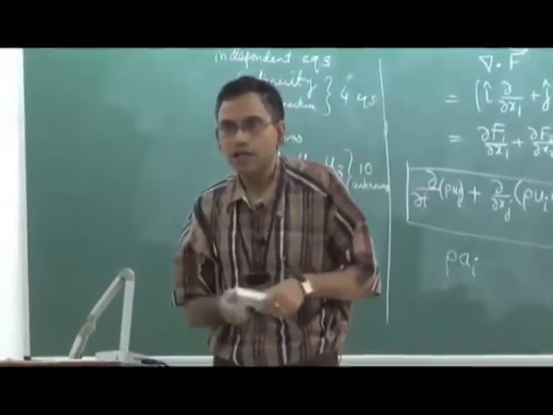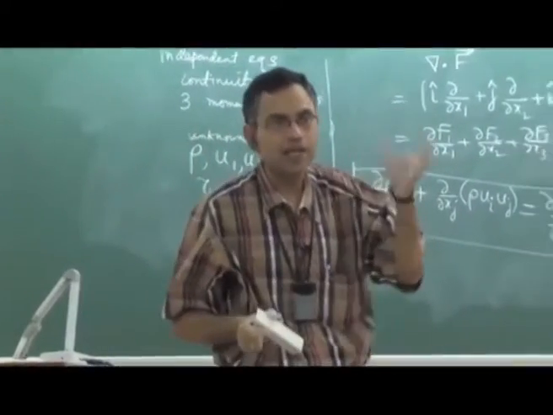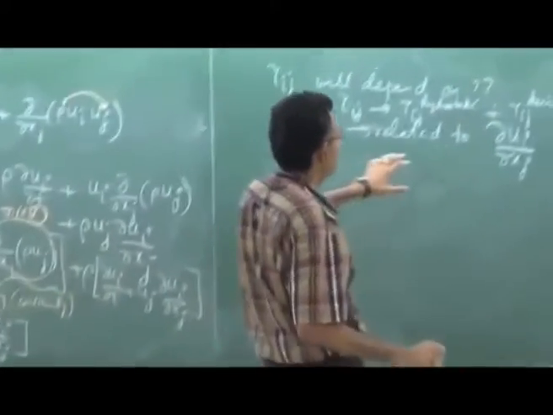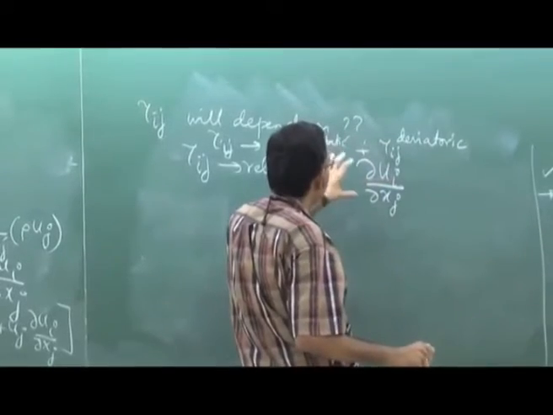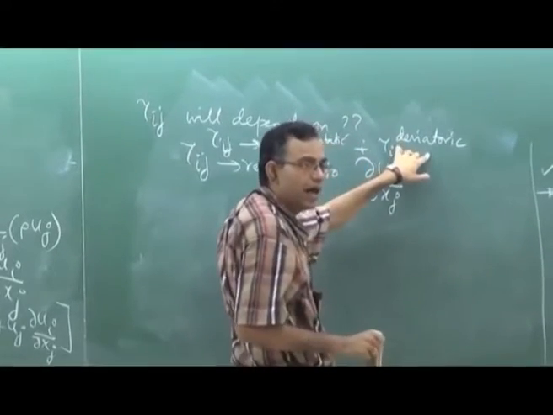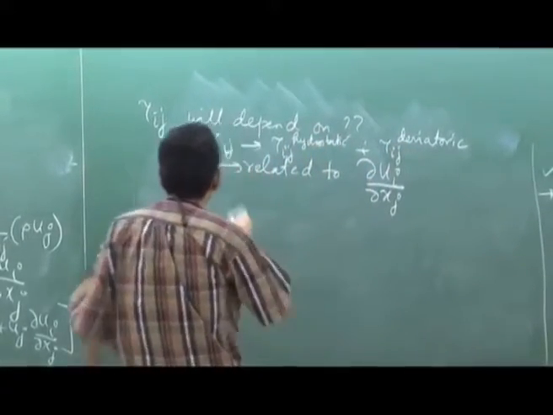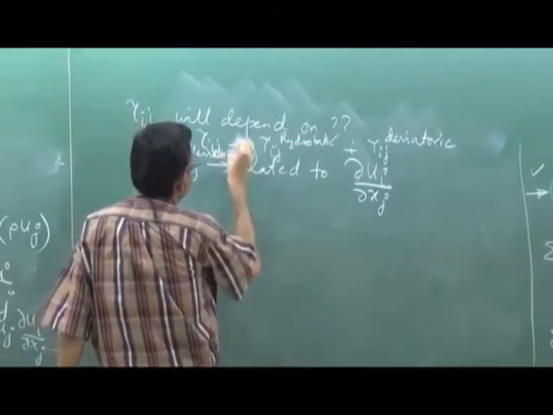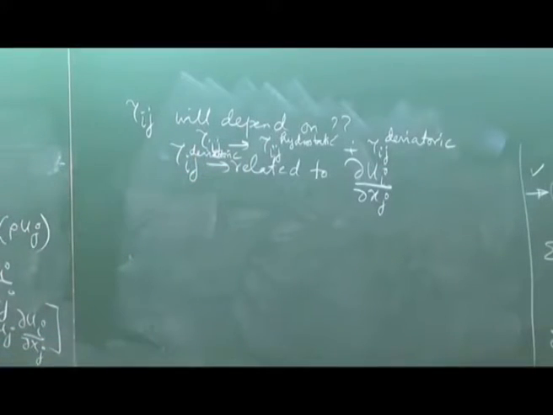Hydrostatic component is the limiting case when the fluid is at rest, so then this deviatoric component is 0. But when the fluid is under motion, you have both hydrostatic and deviatoric components. So tau ij deviatoric is related to del ui del xj.